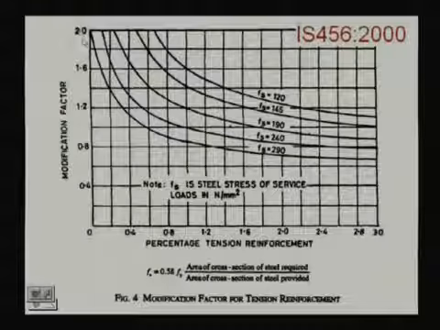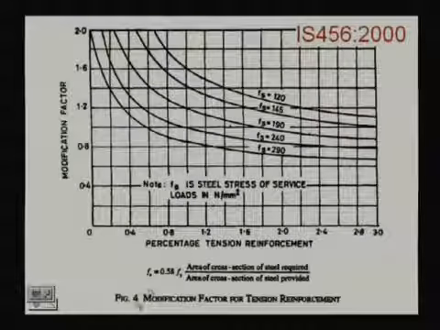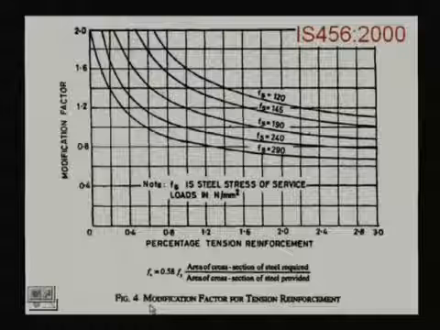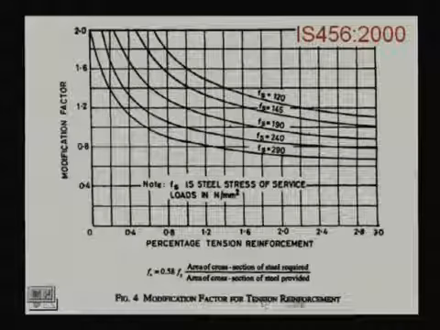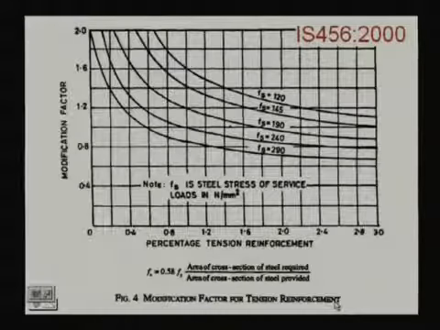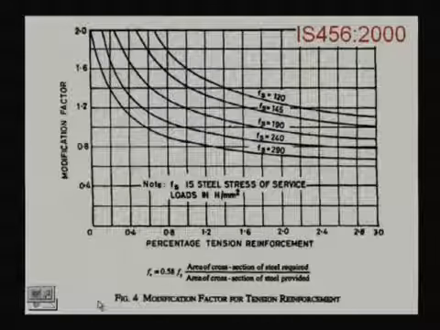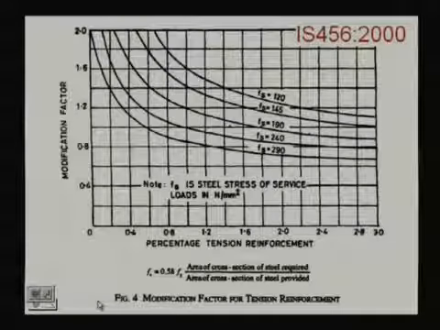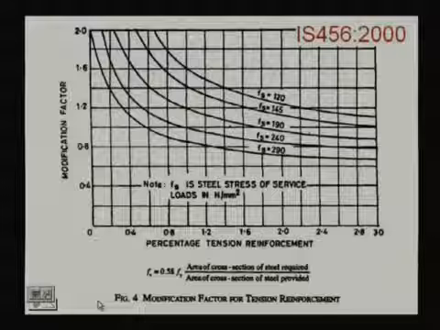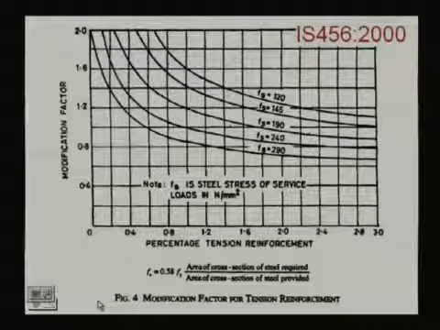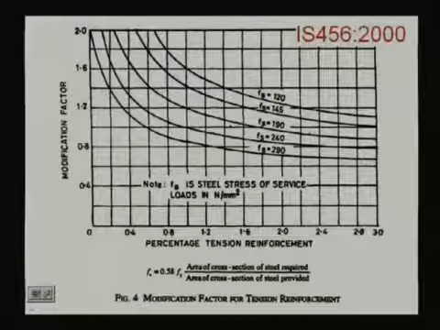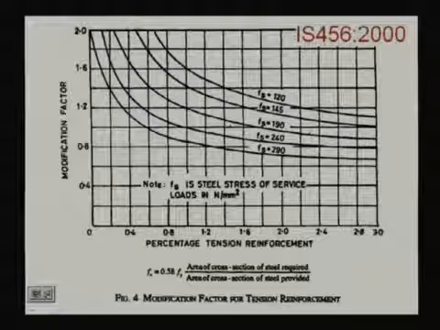So, we shall use figure 4, modification factor for tension reinforcement. We have the tension reinforcement, the Ast that we have calculated, and here we are getting 0.373%.